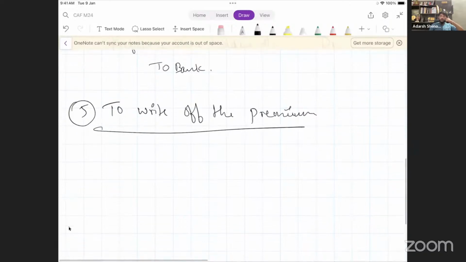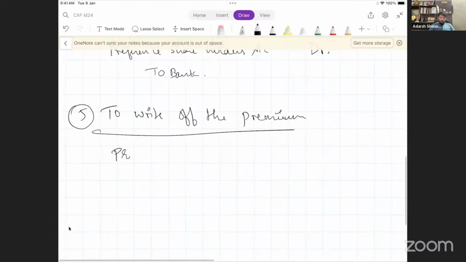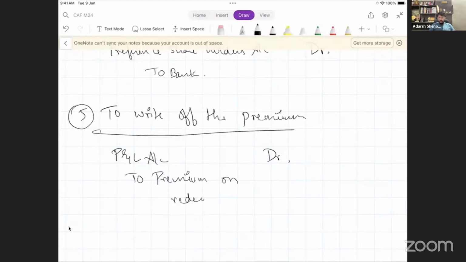But almost all the companies follow Section 133 because Section 133 is applicable for every company which is profit motive. So that is why I am going to write here P&L account or general reserve account debit to premium on redemption account. So it will be written off against profit and loss.